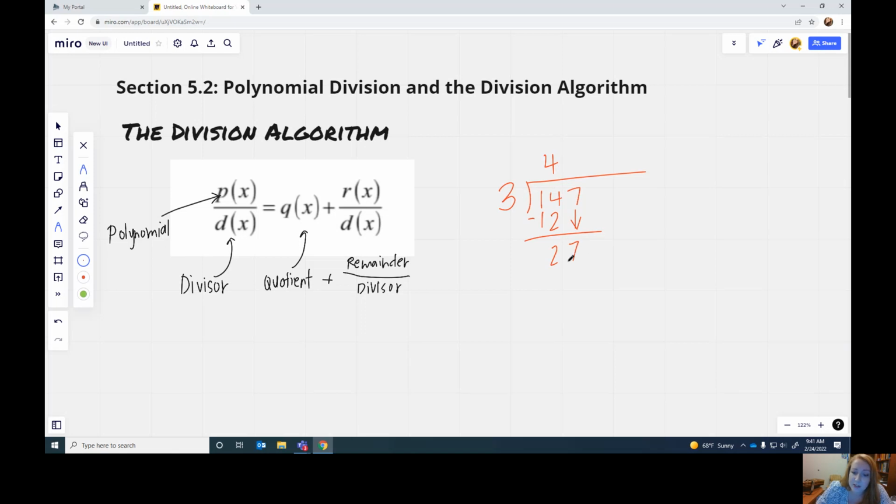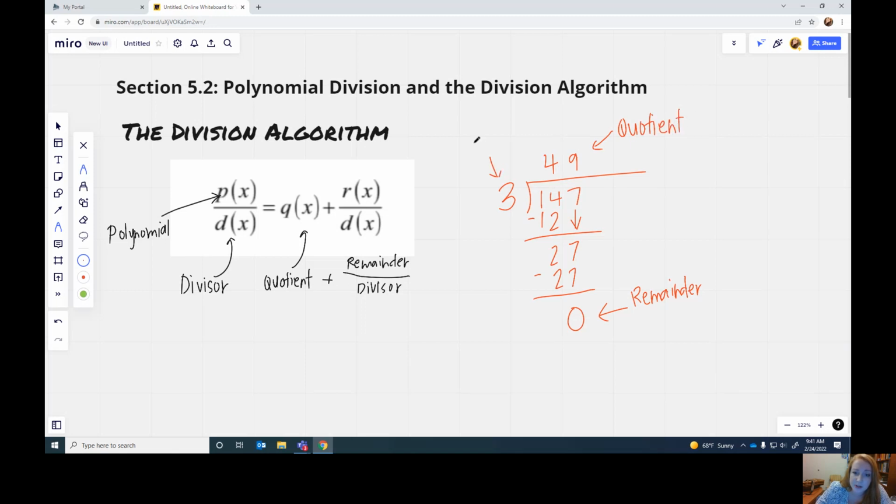How many times does 3 go into 27? It goes in exactly 9 times. 9 times 3 is 27. We subtract again, and that leaves us with our remainder of 0. So that's our remainder. The number on top is the quotient.